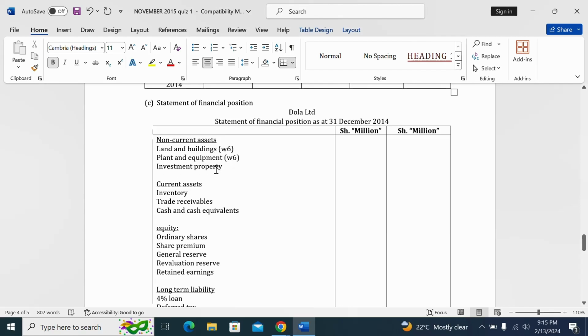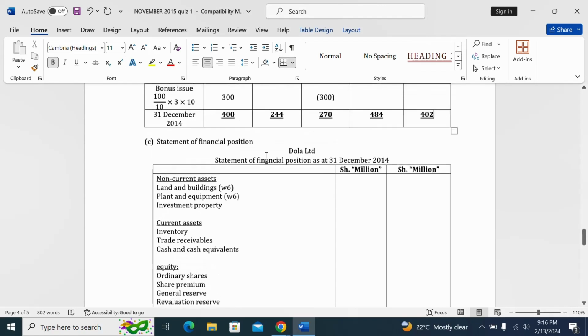Usually, in the published accounts, these are combined together and called property, plant, and equipment. Therefore, I'm just going to get the total figure here, which will represent the property, plant, and equipment. We start with land and building.